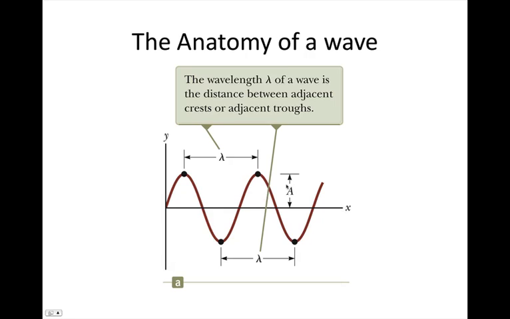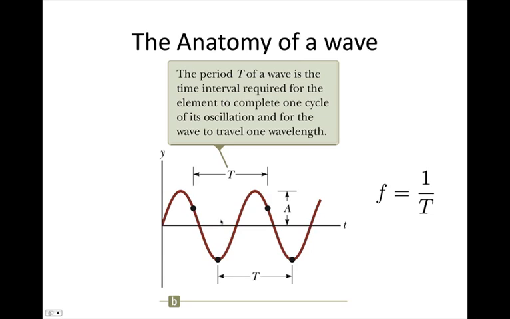The amplitude is equal to the distance between the equilibrium position of the particles and the crest. So the distance between the crest and the trough of the wave is 2 times the amplitude. Another way to represent waves is a height versus time graph. This graph shows us what's happening if we consider just one point making up the wave as time passes.